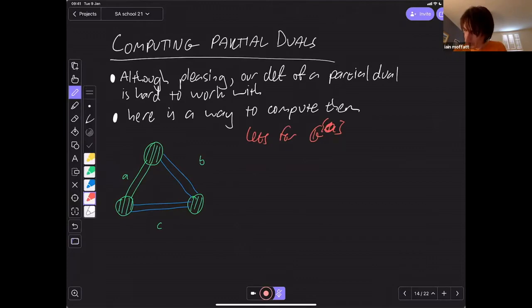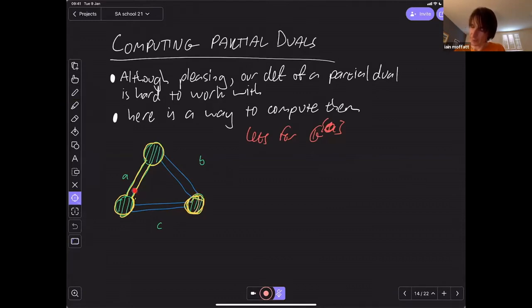What I'm going to do is consider the boundary cycles of my spanning subgraph, like so. And I'm going to have two of them. I've got one of them that comes around this edge I'm going to dual, and the other one is this isolated vertex.